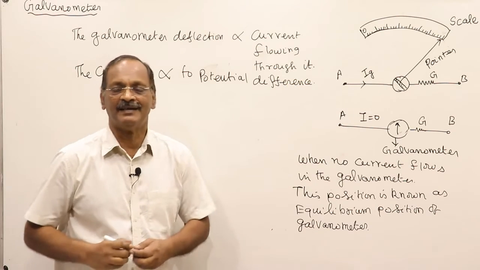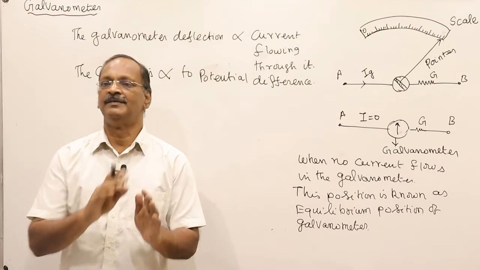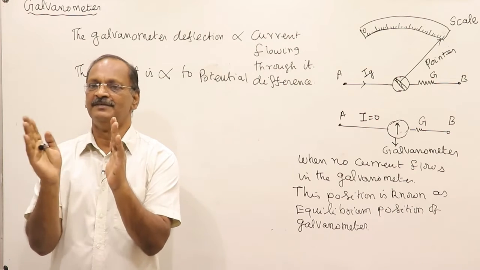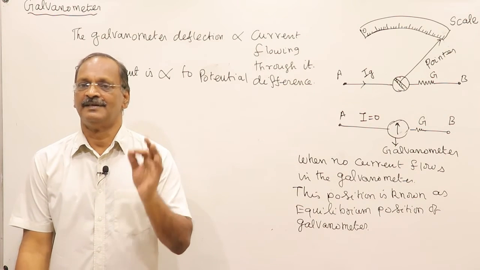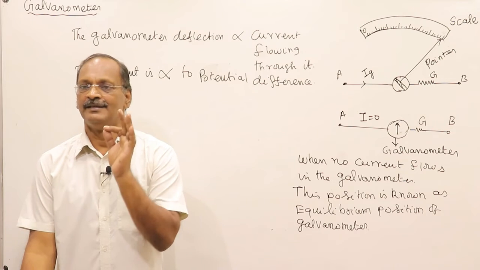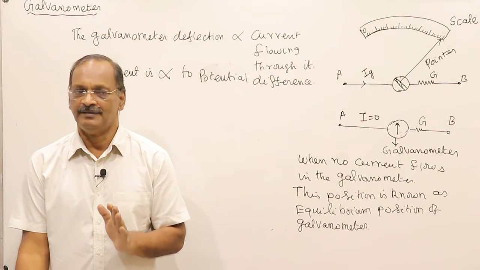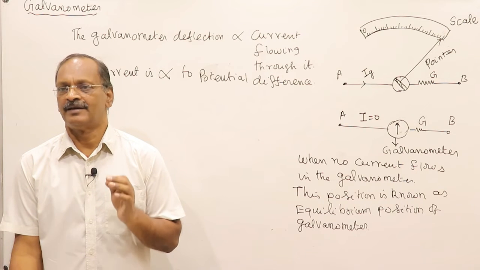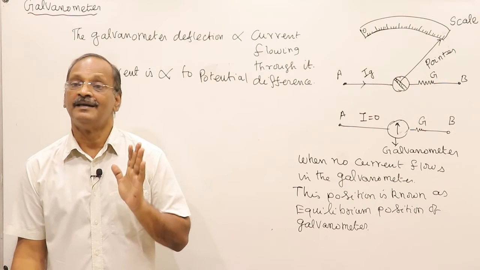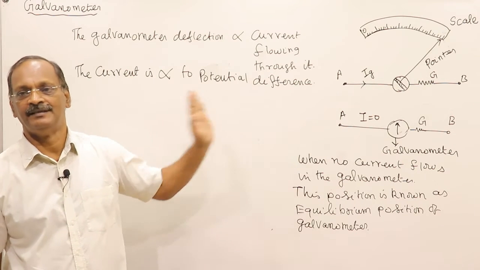Whenever a galvanometer is connected between 2 points, what is the potential difference between these 2 points? That is shown by the galvanometer. To say this, when current is flowing in the galvanometer, it shows deflection by means of the pointer, the deflection is proportional to the current in its coil, and the current is proportional to the potential difference.